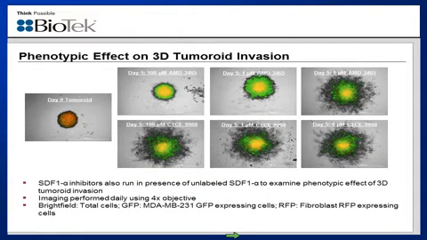The inhibitor panel used in the residence time study was then run with a 3D tumor invasion assay procedure, such as I previously described, in the presence of a single concentration of unlabeled SDF1 alpha. And here you can see an example of the co-cultured tumoroid structures on day 0.